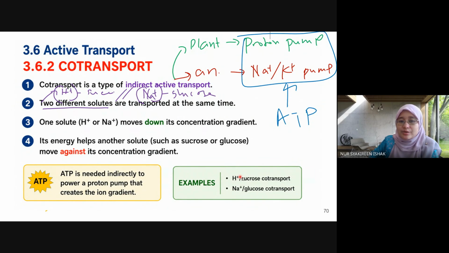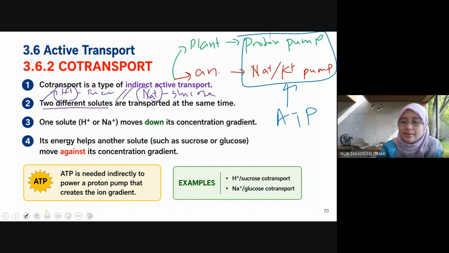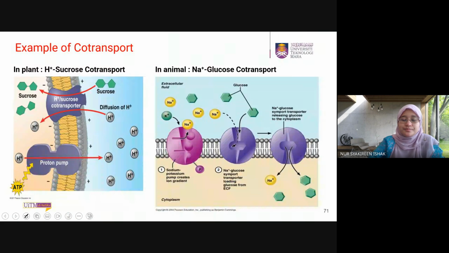Example, hydrogen ion sucrose transport in plant. Sodium ion glucose transport in animal. Okay, so let's look at the plant first.